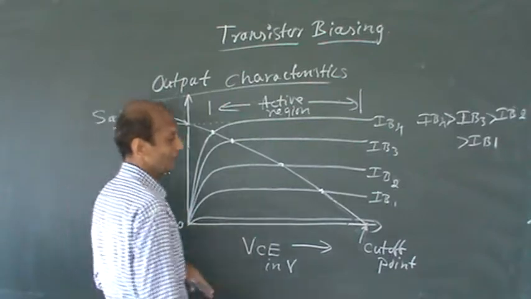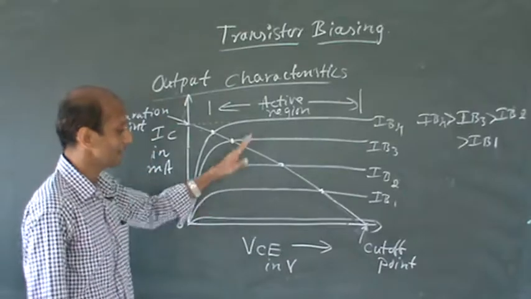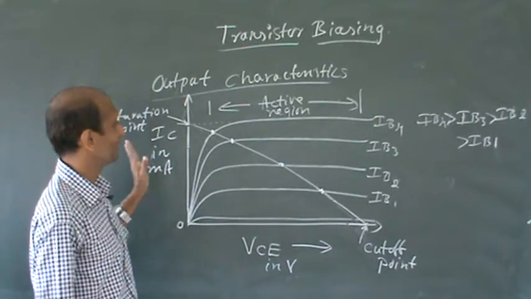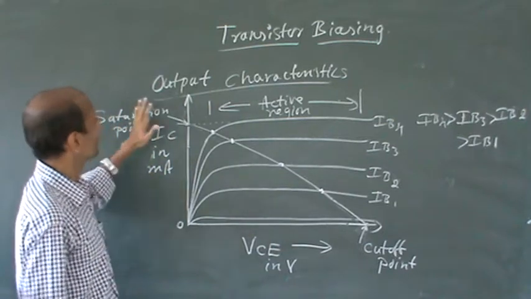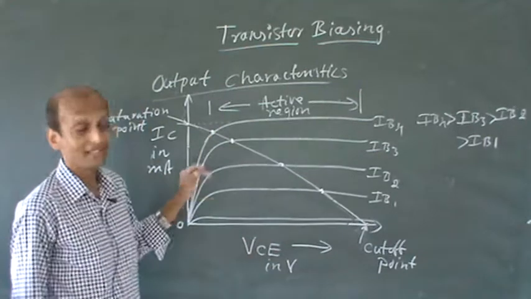So that is an NPN transistor, isn't it? So NPN transistor, and this is your common emitter configuration in which this transistor is operated. So now we will see the different terminologies here.